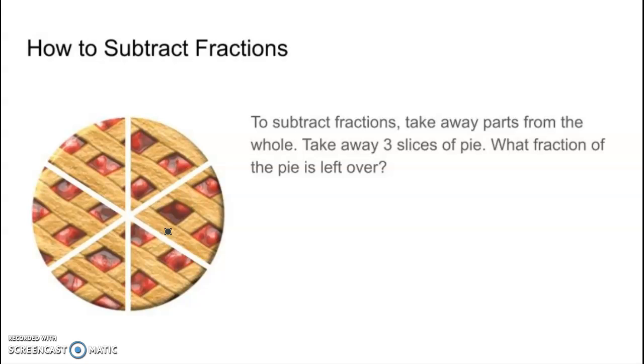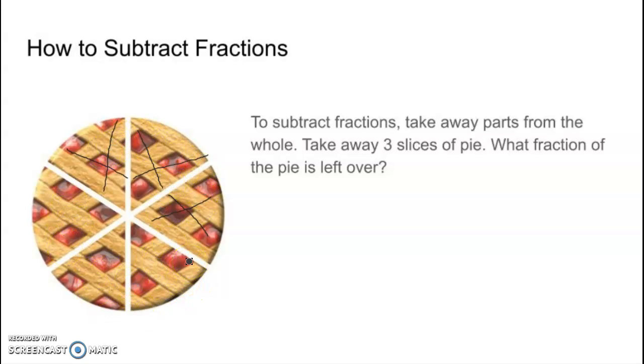So let's go ahead and do that as an example. If we took away, let's go ahead and cross out 1, 2, 3 slices. What fraction would be left over? Well, we would have 1, 2, 3 slices left. So if we took away 3, we would have 3 left.